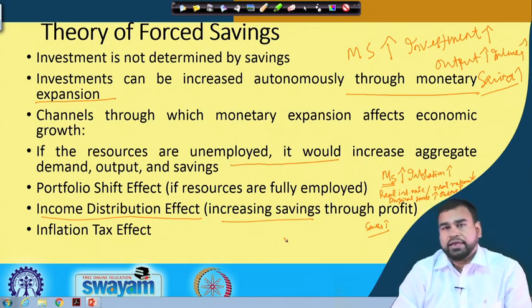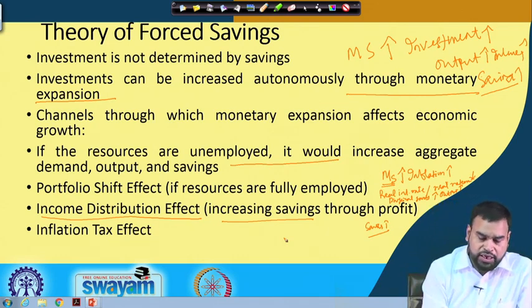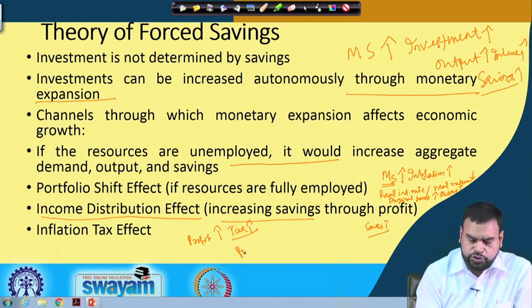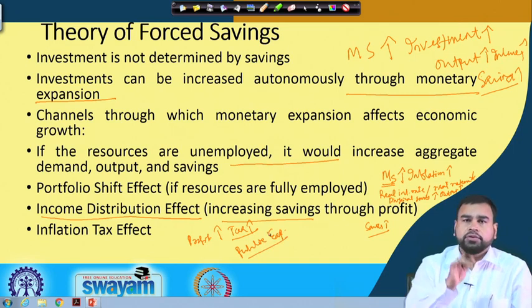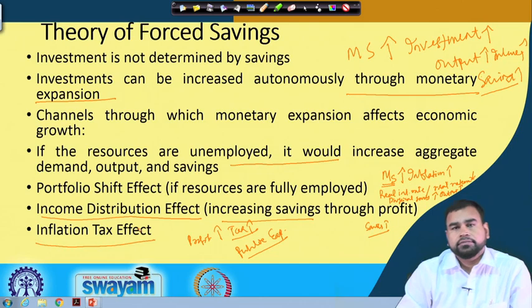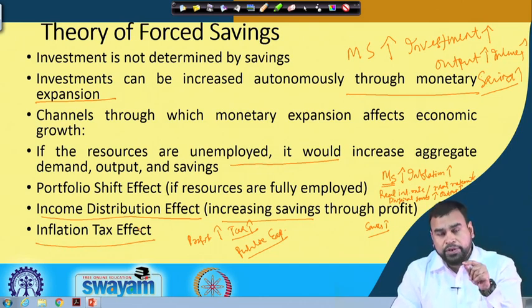Then another thing can also happen there. If their profit increases, obviously they will pay more tax. If they pay more tax, then the tax revenue can be used for public expenditure. The government can use that tax as public expenditure, which is called the inflation tax. Why will profit increase?